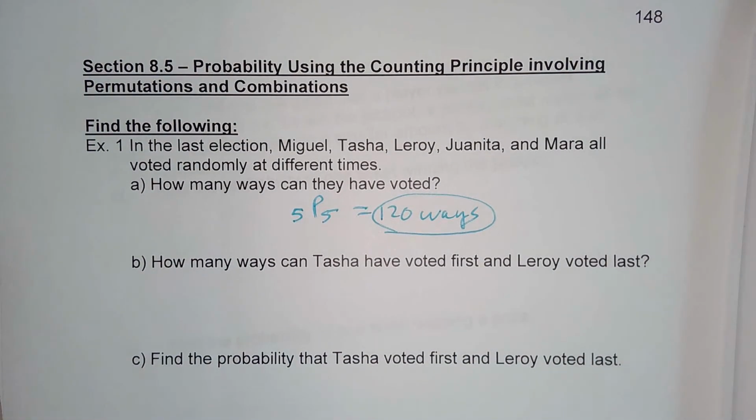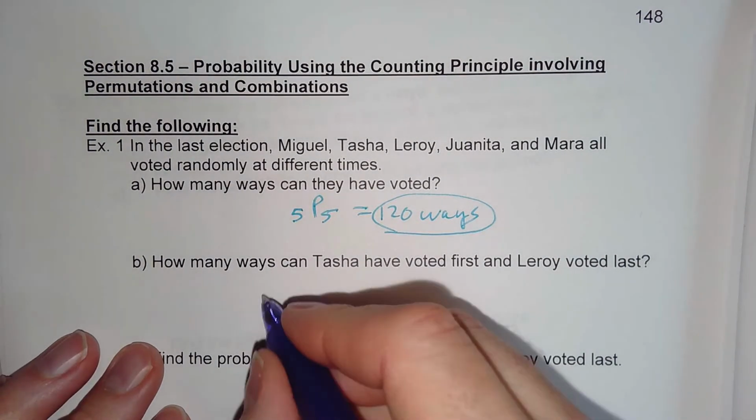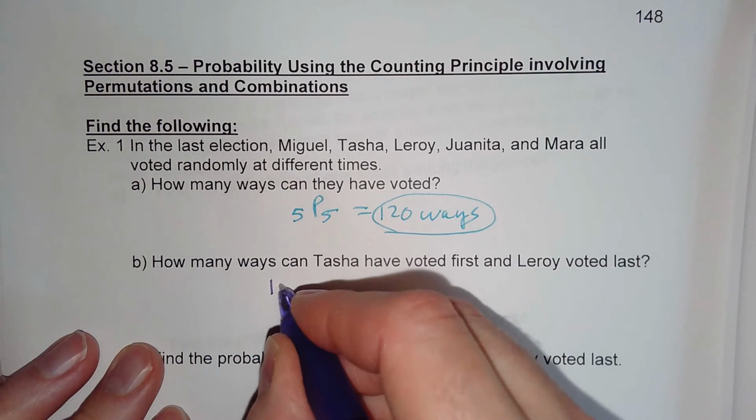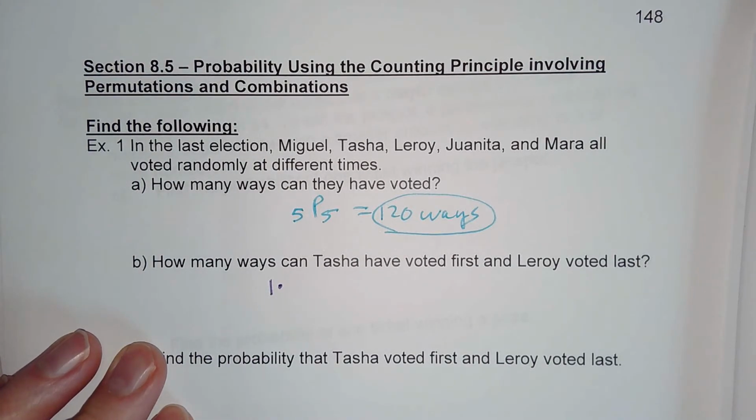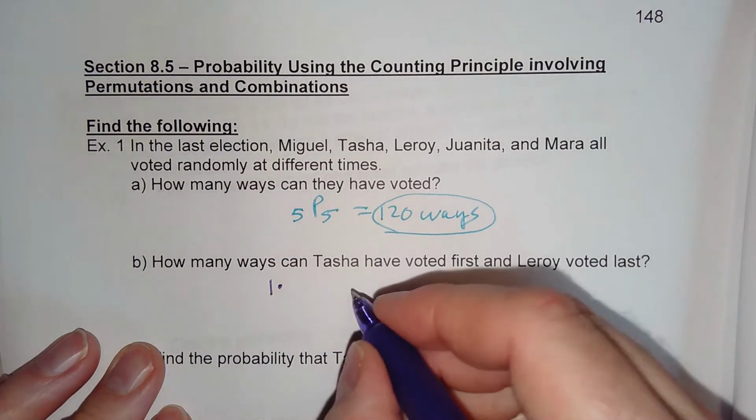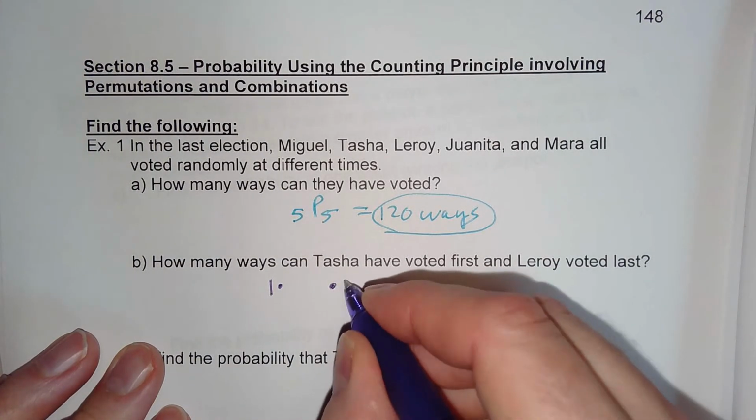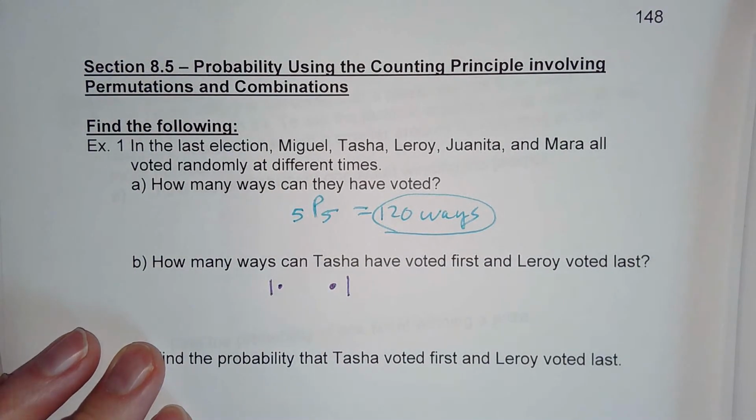Part 2 says, how many ways can Tasha have voted first and Leroy voted last? Well, if Tasha is voting first, there's only one way that can happen. Likewise, if Leroy is voting last, that's only one way that can happen. So the 3 people in the middle that are left can go in any order.